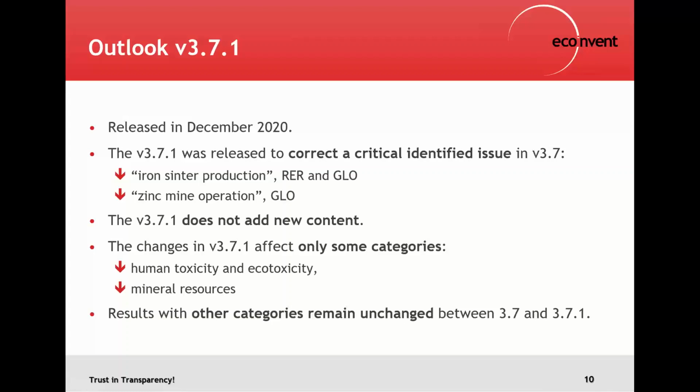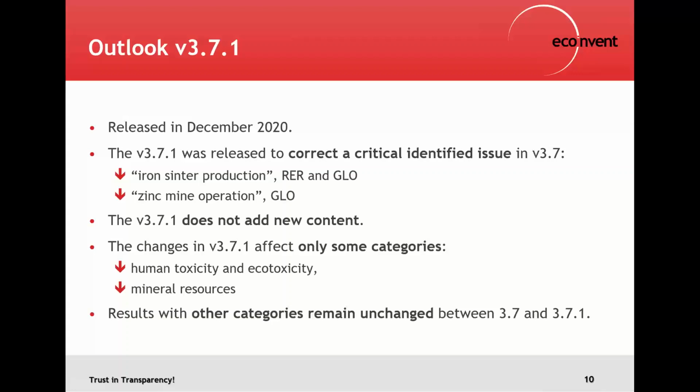So if you were using 3.6 and now you want to use the newer release of ecoinvent, we advise you to jump from 3.6 to 3.7.1 directly. If you were using 3.7 and you were working with categories that are not affected by the corrections we made between 3.7 and 3.7.1, you might keep on working with 3.7, knowing that 3.7.1 is an improvement of 3.7 in the end.